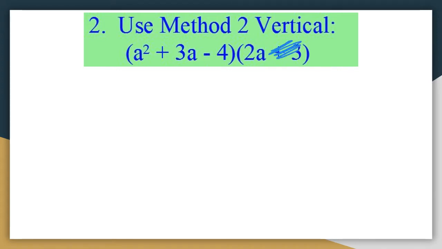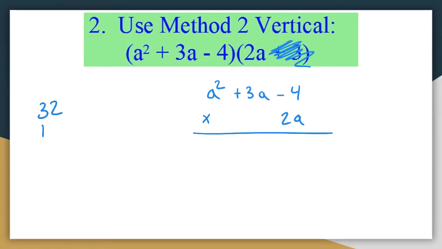If this were just a monomial, we could use something called a vertical method, which is similar to how you may have learned to multiply two-digit numbers. So we have a squared plus 3a minus 4. A vertical method is kind of like this, and that might look similar to something like 32 times 12. Think about how you would do this problem. How would you solve that? We can do something very similar here.